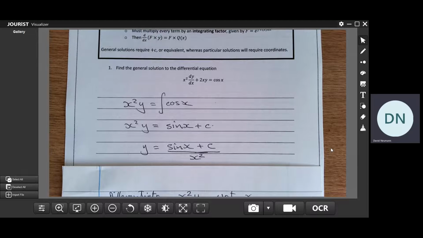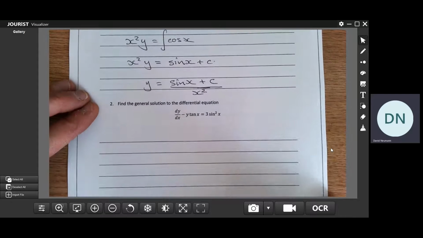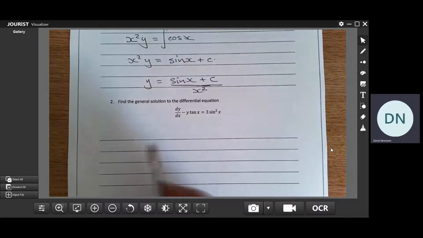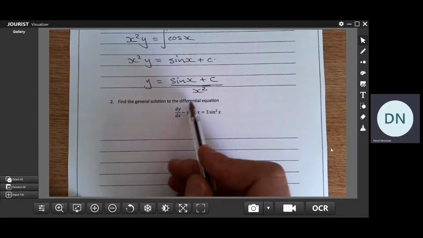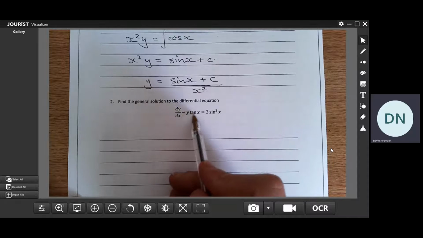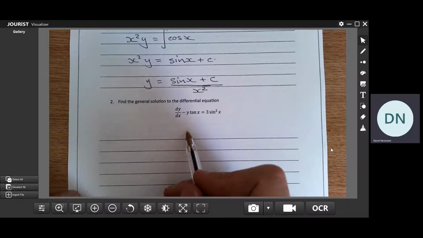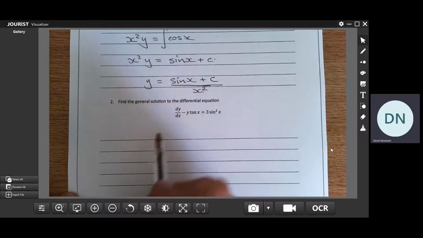Now we're going to generalize that technique. So if we look at the second example here, it says find the general solution to this differential equation, dy by dx minus y tan x is equal to 3 sine squared x. Now, it's not always quite as simple as looking at the left-hand side and saying where did that come from.